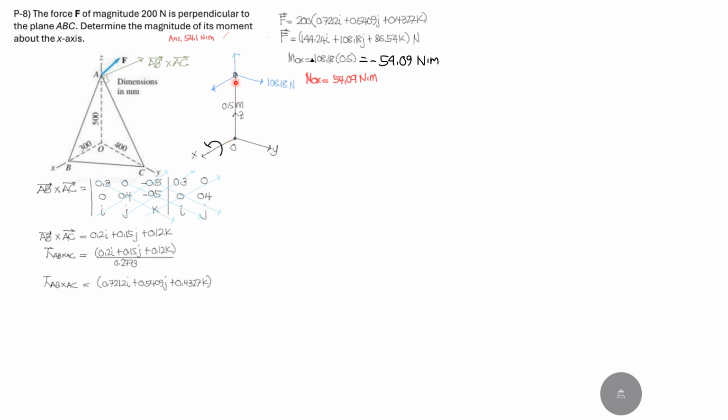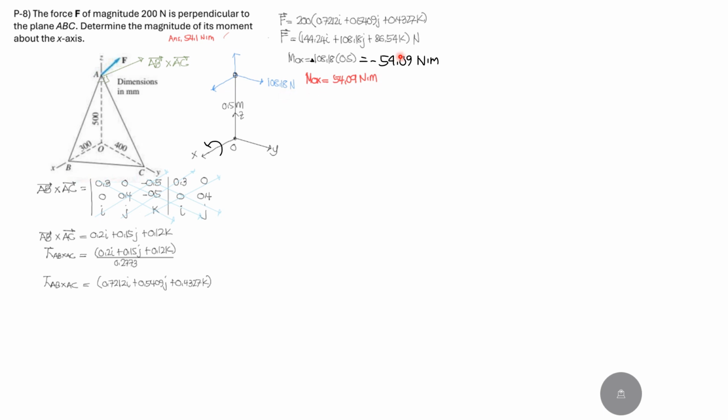This is Fz, which has no moment about x also because its line of action passes through. So the only component of F which has moment about x is Fy, and the moment is in the negative sense. Therefore, the moment about x is negative.